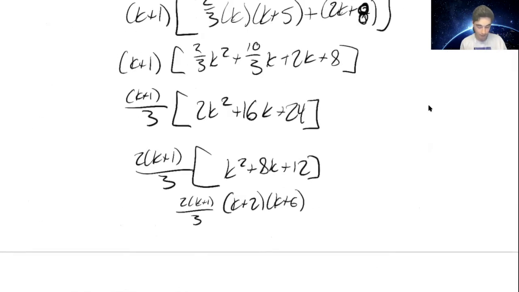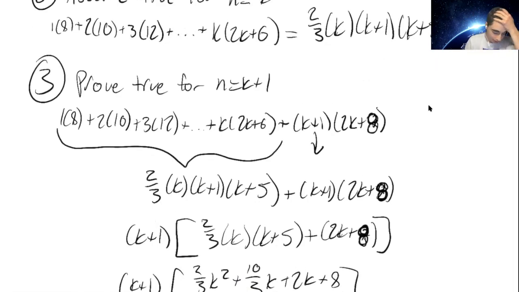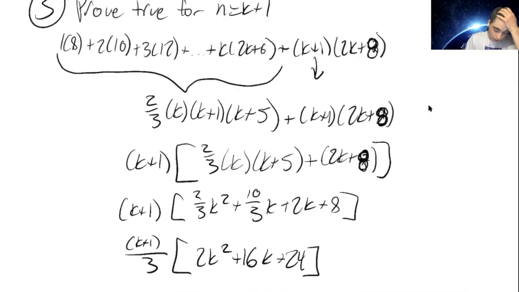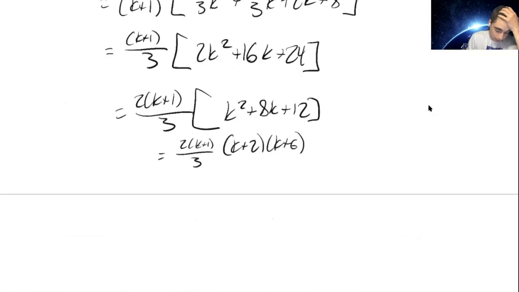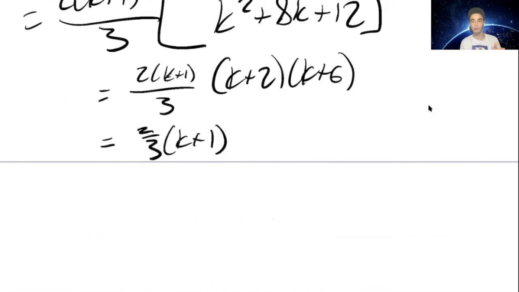All right, now that we got that out of the way, we're trying to get to what we just set up there. Also, it's good to put equals next to everything you're doing on your way down, to show that you're incrementally moving along the process. So we have 2 over 3 times k plus 1, because that's what 2 times k plus 1 over 3 is equal to.